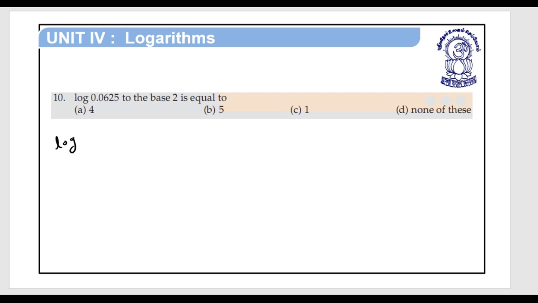Write log 0.0625 to the base 2. 0.0625 is 625 by 10,000, since 4 times 0 places.